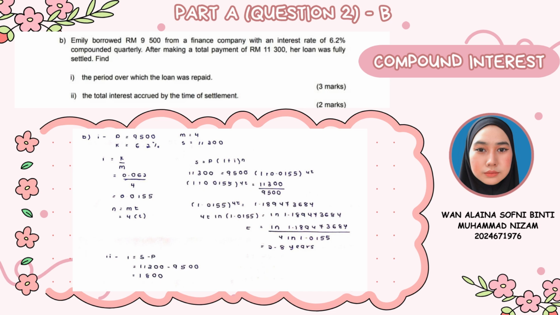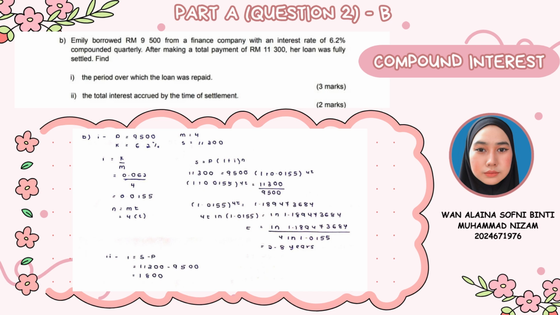The T, we don't know that. So we need to divide them, like bracket 1 plus 0.0155 to the power 4T equals 11,300 divided by 9,500.